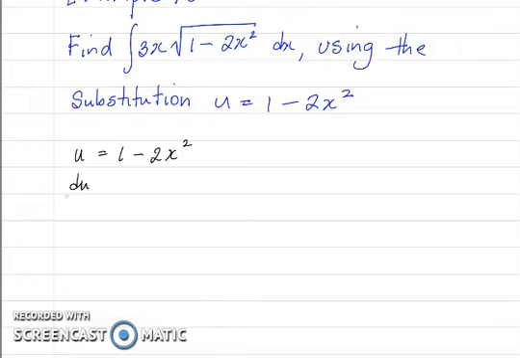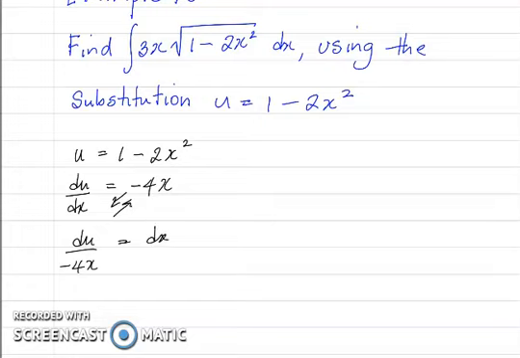Now du by dx would be equal to, when you differentiate 1, you get 0, and when you differentiate 2x squared, you get minus 4x. Switching things around, the minus 4x comes down to the bottom and the dx goes up to the top. I get du over minus 4x is equal to dx.